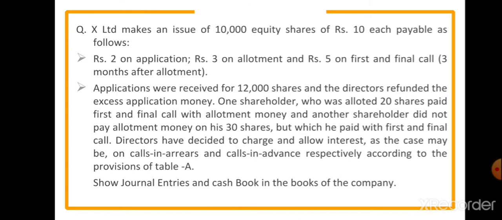One shareholder who was allotted 20 shares paid first and final call with allotment money, and another shareholder did not pay allotment money on his 30 shares, but which he paid with first and final call. Directors have decided to charge and allow interest, as the case may be, on calls in arrears and calls in advance, respectively, according to provisions of Table A. Show journal entries and cash books in the books of the company.